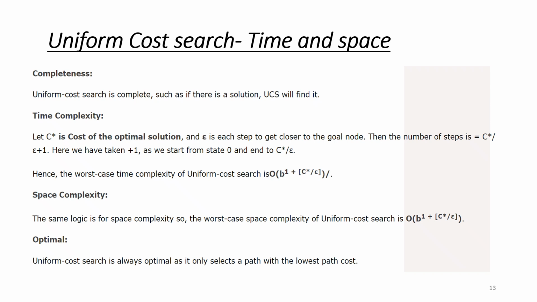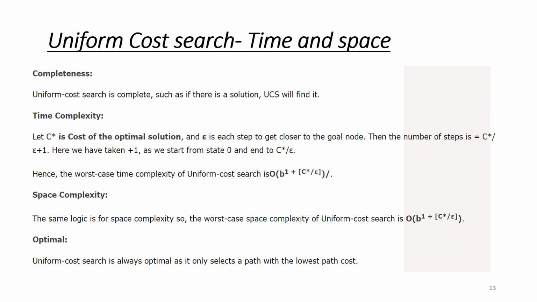So that's why more space is needed. The formula is big O of b to the power of 1 plus C star divided by epsilon. Okay, b is every state, followed by 1, and the number of steps is C star divided by epsilon plus 1. C star means the cost of the optimal solution. That is the important thing.